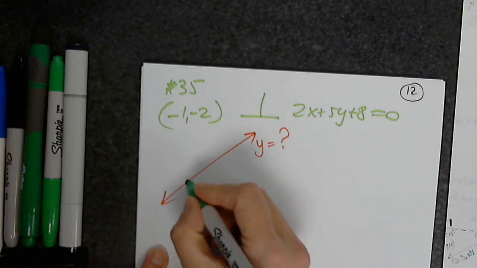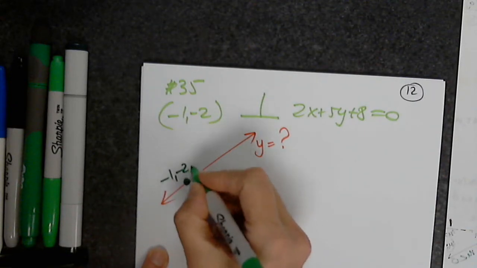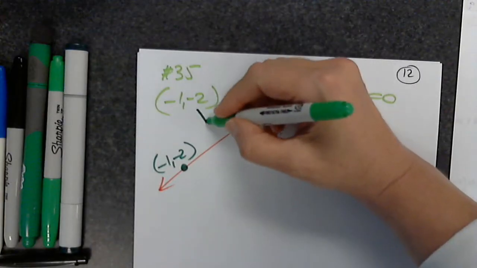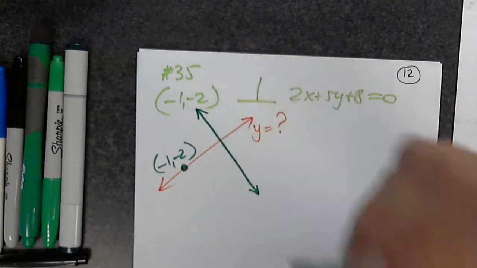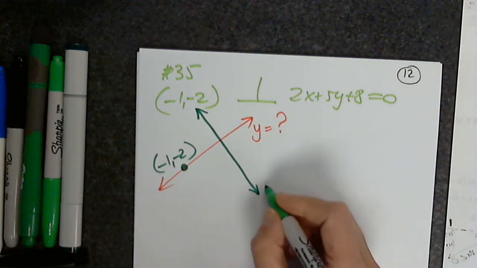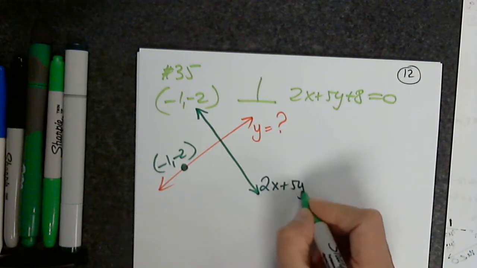One is that it passes through (-1, -2). Somewhere along the line, I find this point. The other piece of information is that the orange line that I am trying to find the equation for is perpendicular to this line.